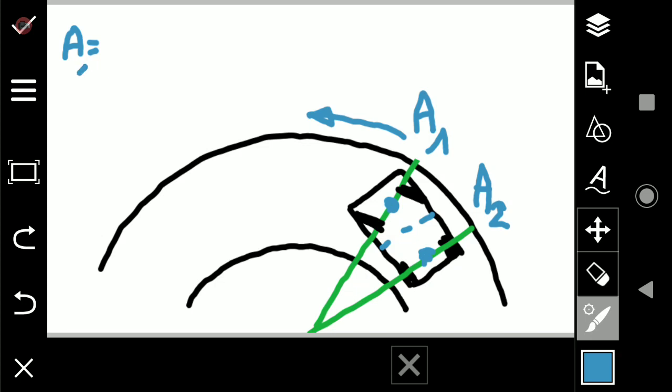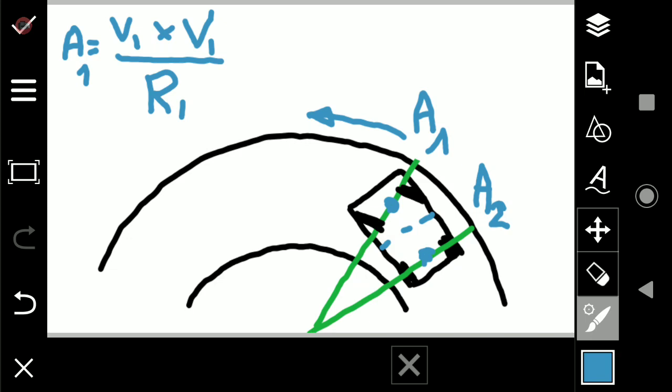Okay, A1, the acceleration of point 1, is the speed of point number 1 multiplied by the speed of point number 1, meaning squared, divided by the radius of the turn of point 1. I specified explicitly point 1 because both the radius and the speed of point 1 are different from point 2.